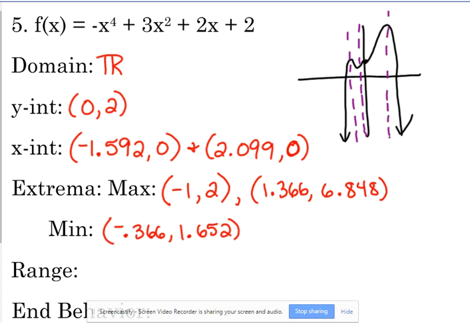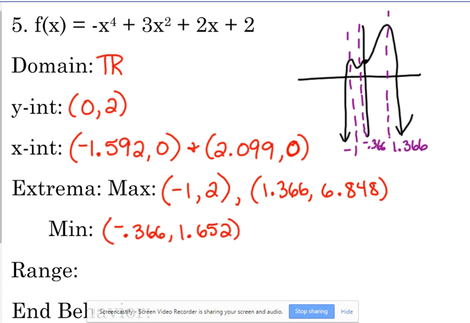At the bottom of those lines, I want you to put the x value of the maximum or minimum. So we've got -1, -0.366, and 1.366.